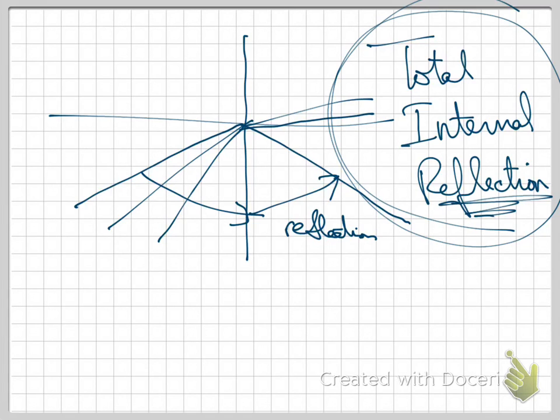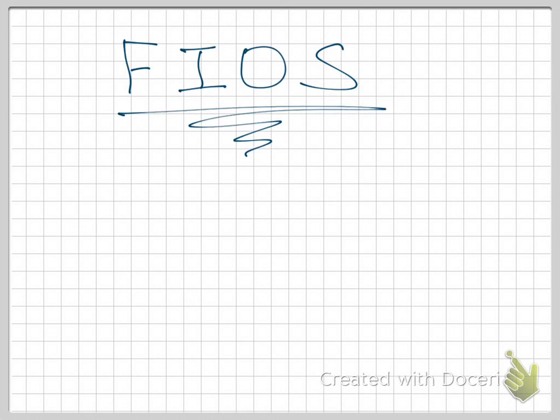I have some notes on the slideshow that'll help you with that. Also, maybe the drawings will be a little bit better, but not in real time. Some really powerful examples of this, and we always talk about this in class, is, probably the best one nowadays is Fios. For those of you that are lucky enough to have this internet service, this is based on fiber optics.